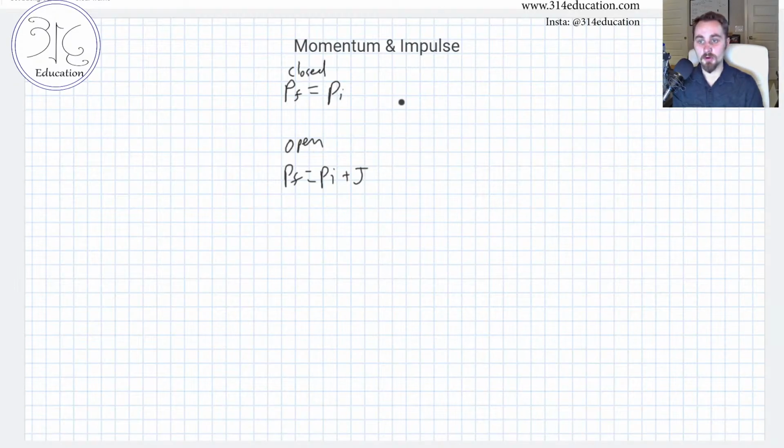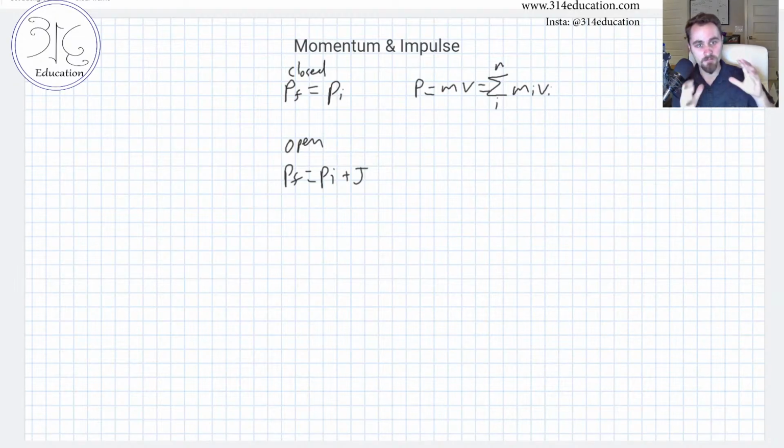So let's define our momentum first here. This is going to be our mass times velocity. And if we want to get really picky about it, it's actually going to be the sum of our masses times velocities. This is just using a summation notation where we have this little i counts up to n, where n would be the number of masses moving that we have.